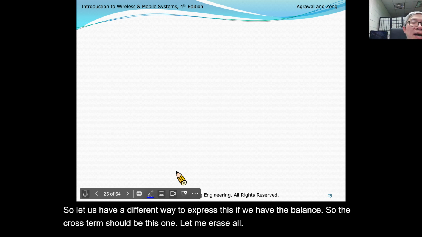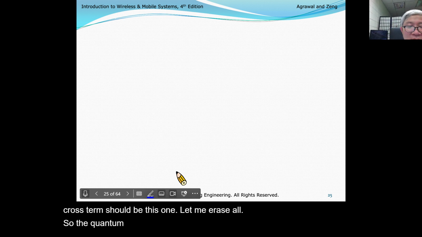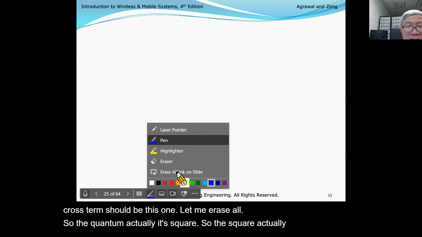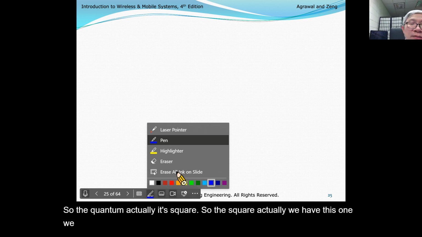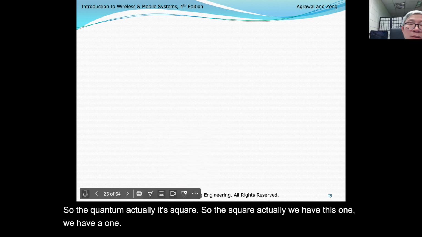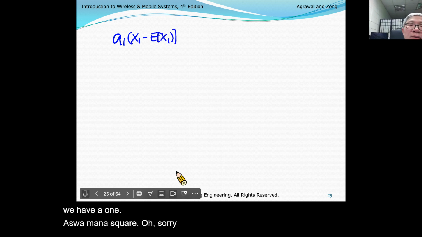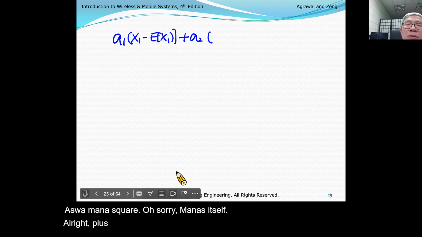So the cross term actually is square. So the square, actually we have this one. We have A1 X1 minus itself. Alright, plus A2 X2.